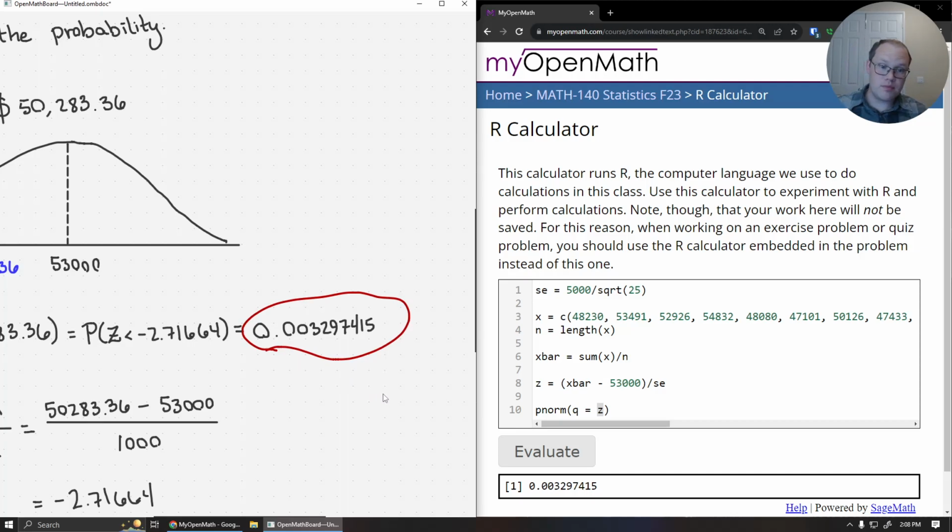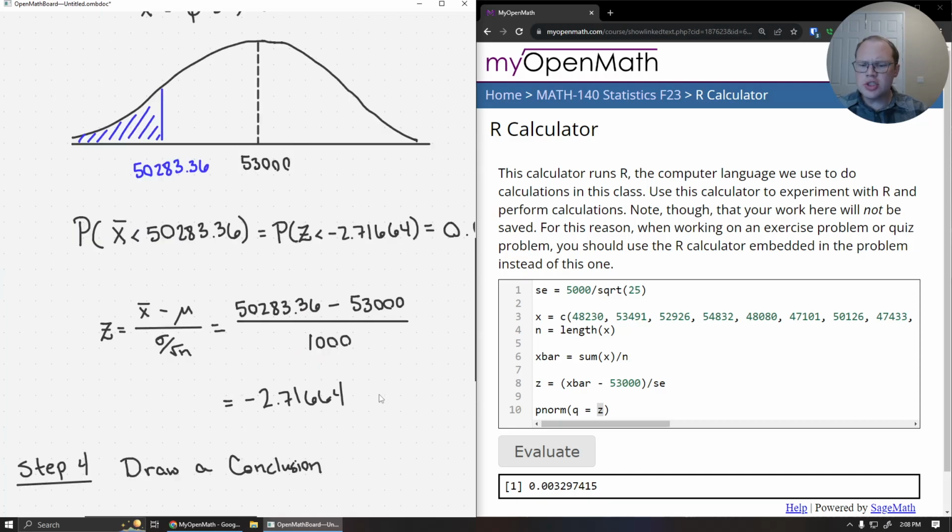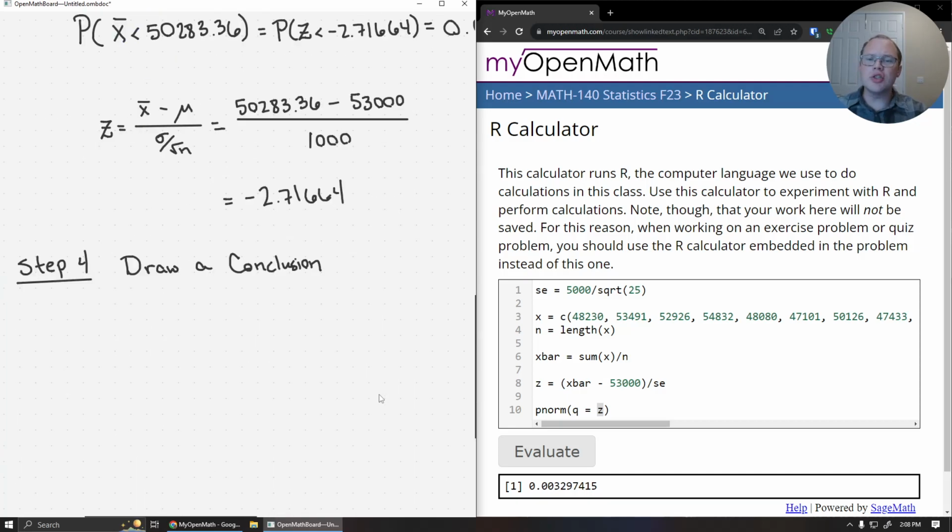Okay? So what do we conclude? So this is a judgment call, but in this case, the probability is so low that I think there's only one thing that we are likely to conclude.